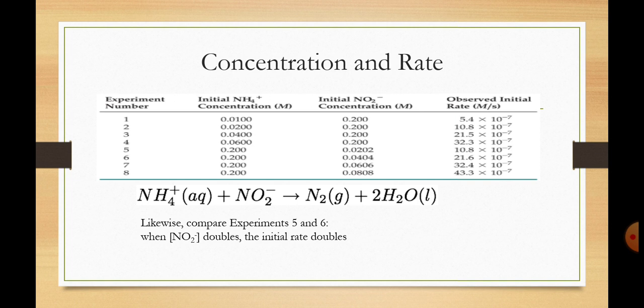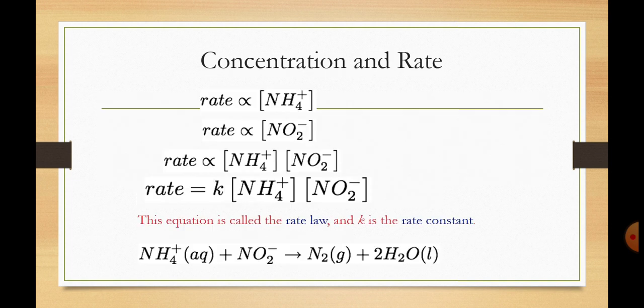We do not change the concentration of NH4, while here we change the concentration of NO2. The same effect appears: if we increase the concentration of NO2, the rate also increases. It proves that concentration is directly proportional to the rate.